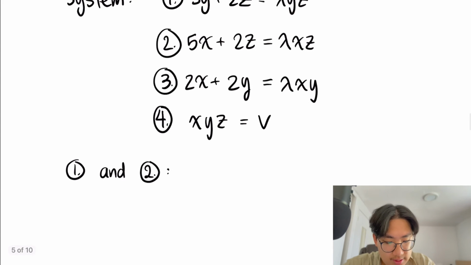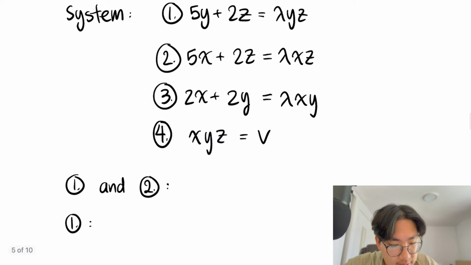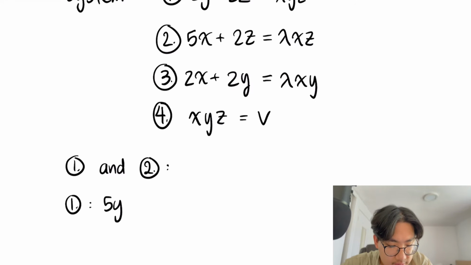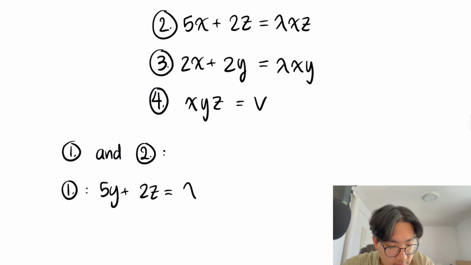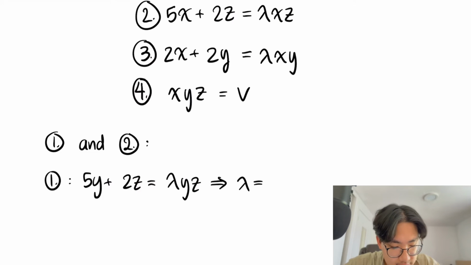So from 1, we have 5y plus 2z is equal to lambda yz. And then when you divide both sides by yz, you get that lambda is equal to 5 over z plus 2 over y.